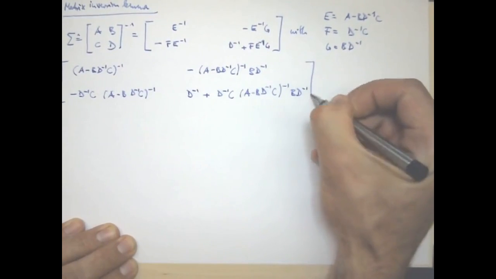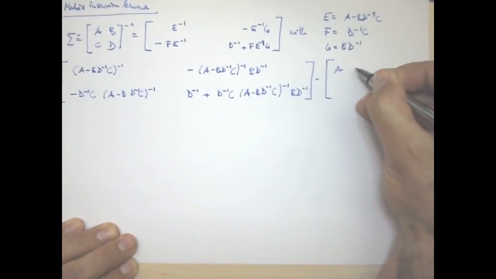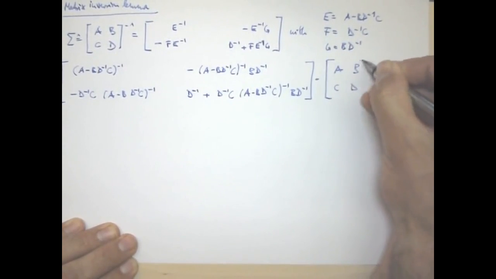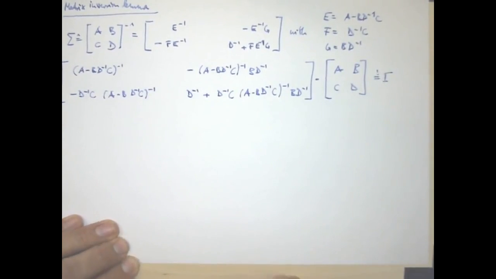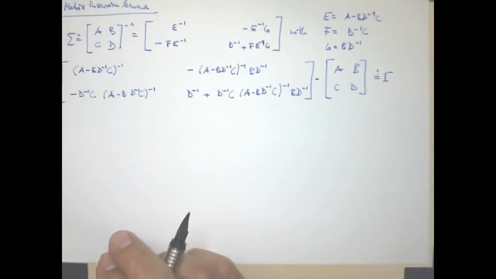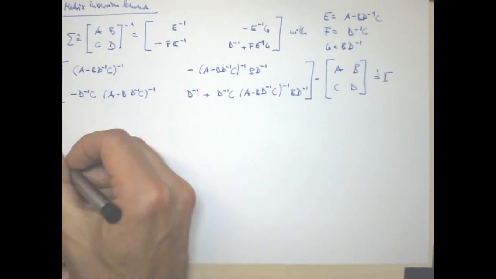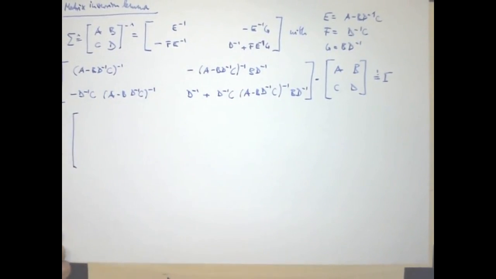Okay, and I'm now multiplying this with A, B, C, D, and I want to show that this gives the identity matrix. So we can do speed multiplication as a new sport here.